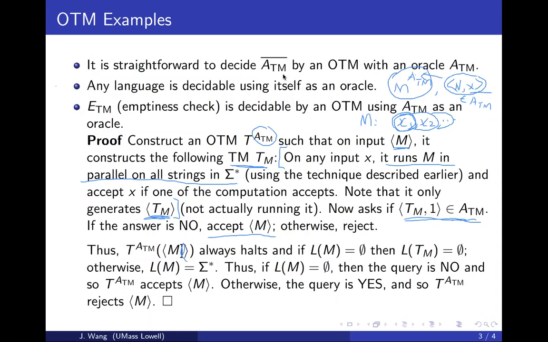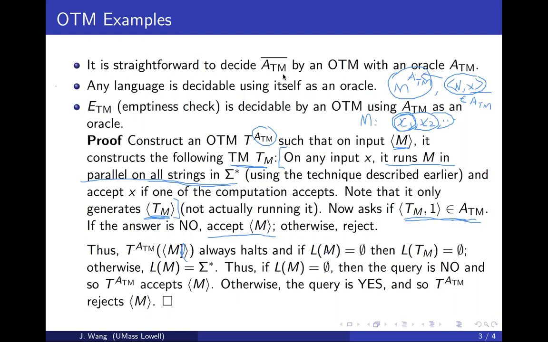If M doesn't accept anything, then T sub M doesn't accept anything, because when it runs M in parallel on all these strings, none of them will accept. So if L of M is empty, then L of T sub M is also empty.